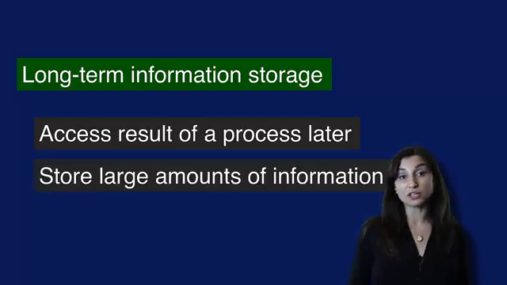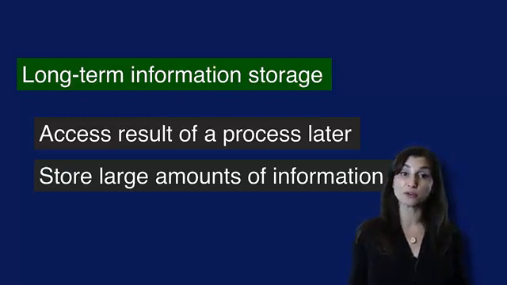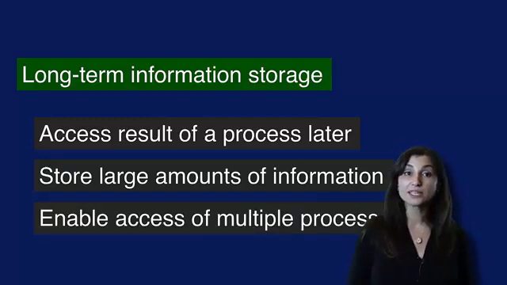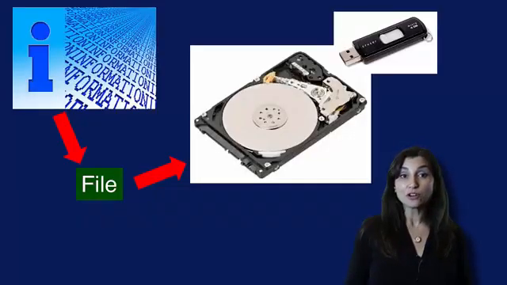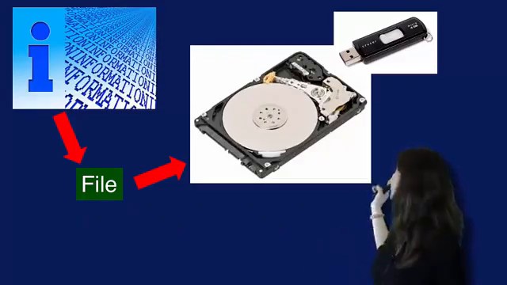Even during the process, we might need to store large amounts of information that we cannot store within the program components or computer memory. In addition, once the data is in a file, multiple processes can access the same information if needed. For all these reasons, we store information in files on a hard disk.